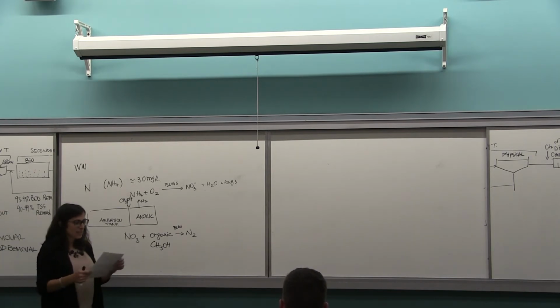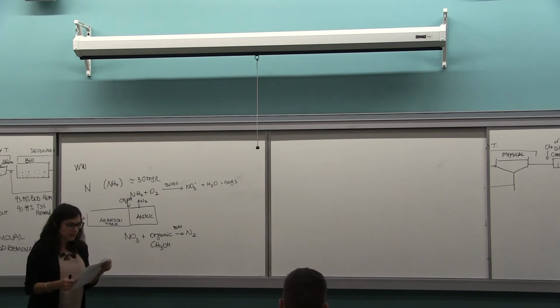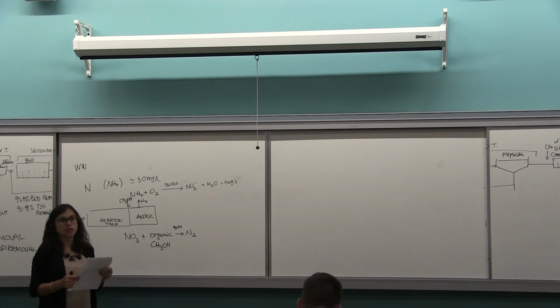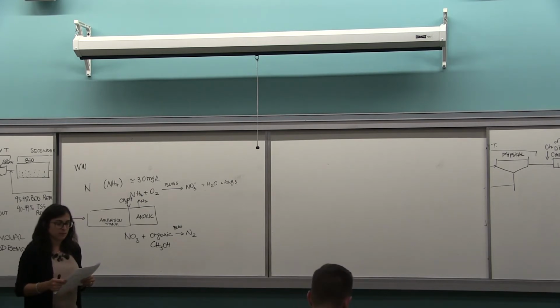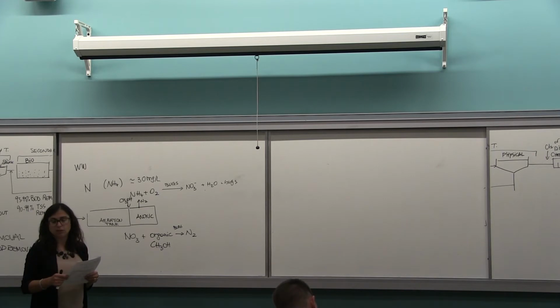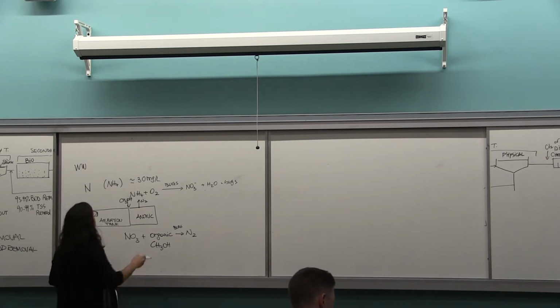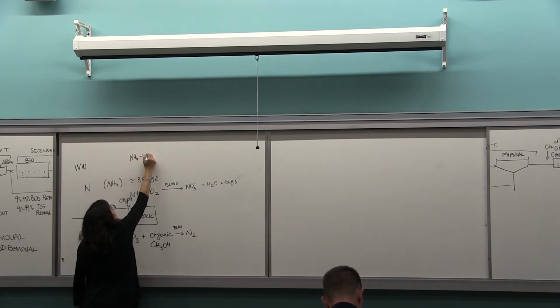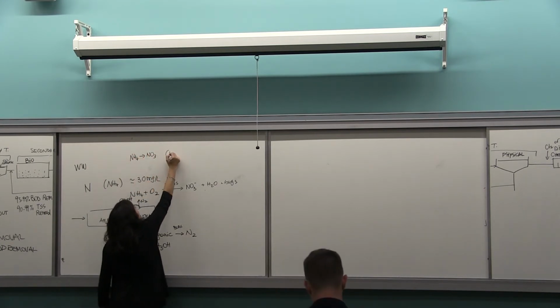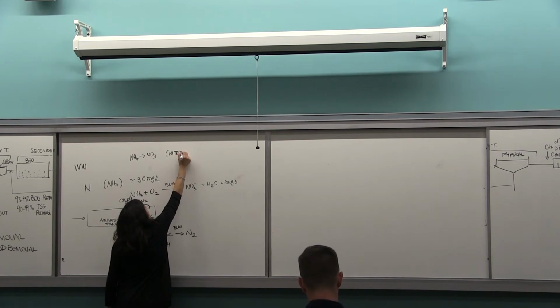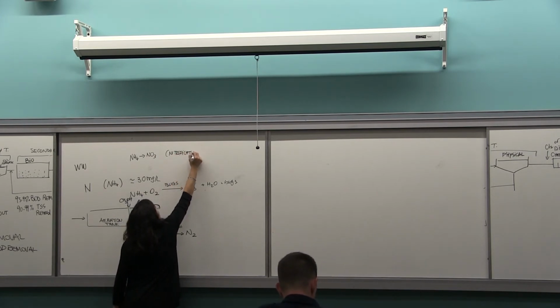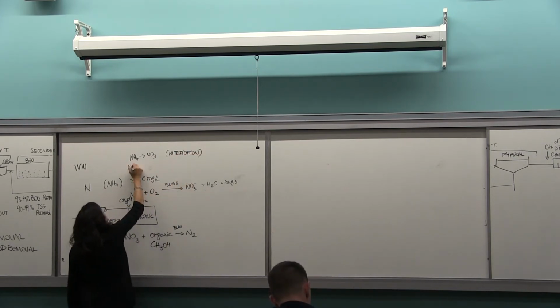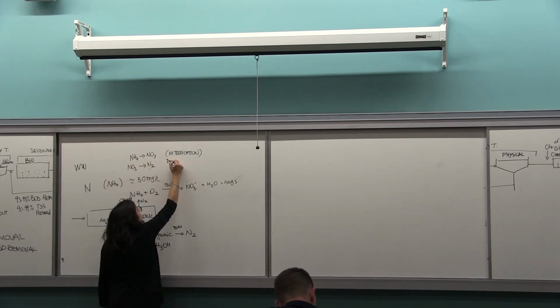The problem is pretty much a stoichiometric equation. It's asking us to find the minimum methanol requirement, how much methanol I have to add to provide complete denitrification. So ammonia to nitrate, that's nitrification. Nitrate to nitrogen gas, that's denitrification.